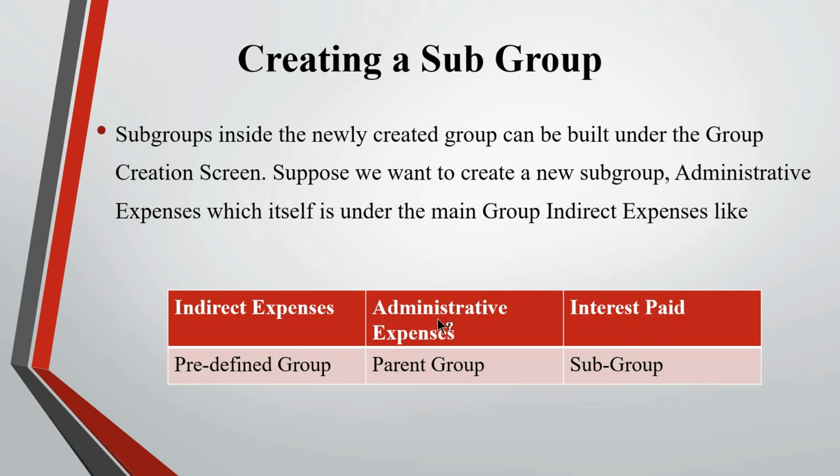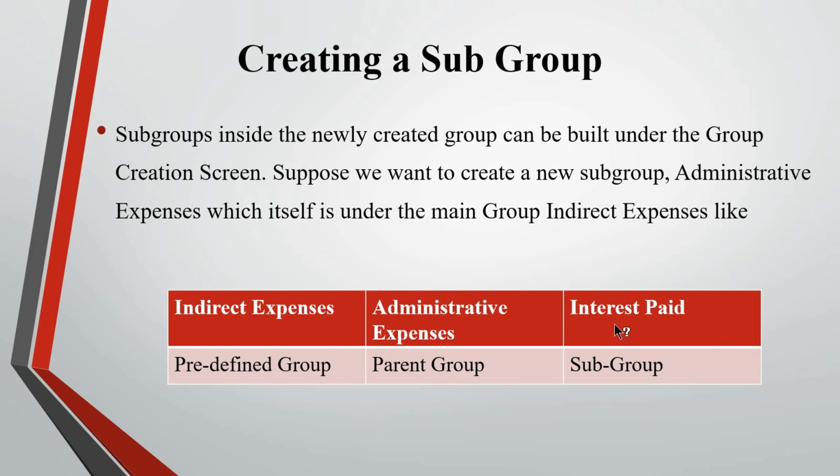Down here we have a table. First comes out with a predefined group or built-in group in Tally, that is indirect expenses. Then later we can go for creating, that is user defined group, that is a parent group, administrative expenses. Later we can go for creating a subgroup, that will be interest paid.